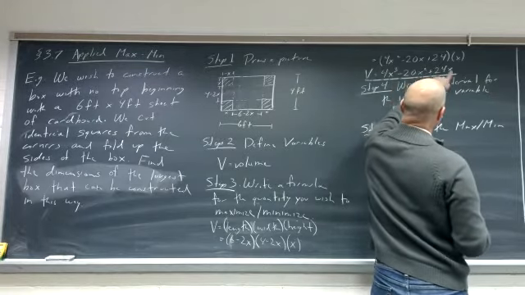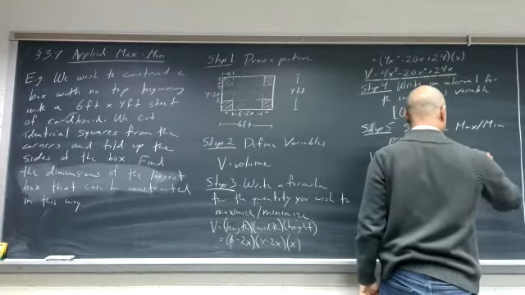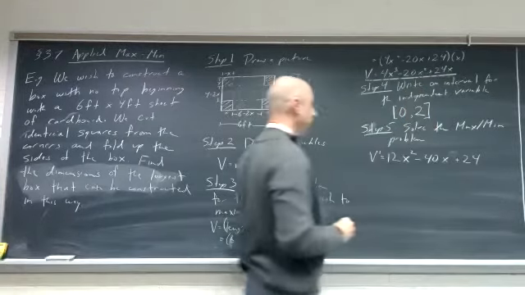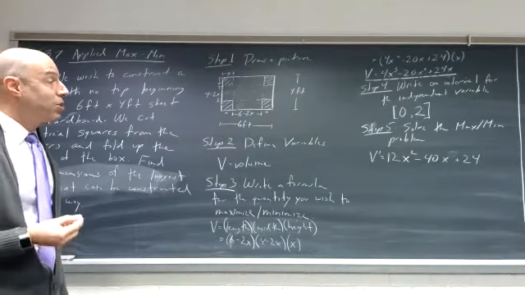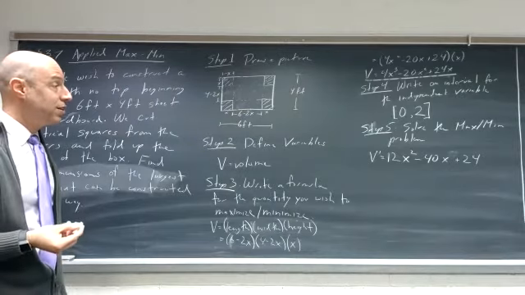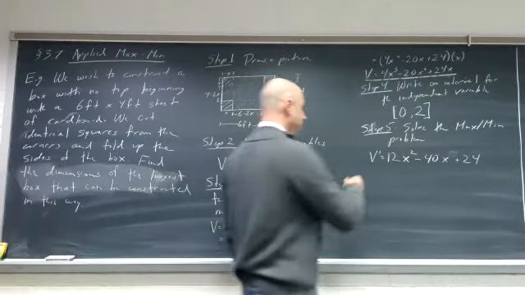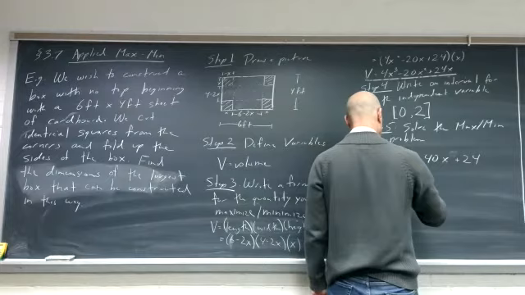And then 24x, the derivative of that is just 24. So what we're doing is finding the critical points. So we'll set v prime equal to 0.